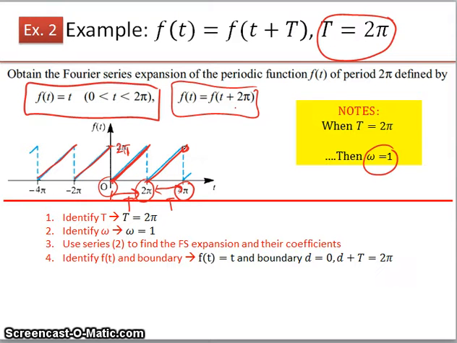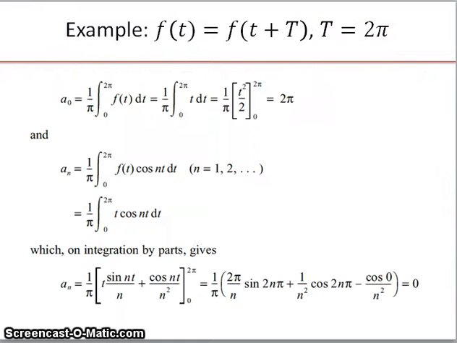But if we want to obtain the Fourier series expansion, first identify the period T equals 2 pi, omega equals 1, then use series 2 because we know that the period is 2 pi, and after that identify the f(t) and the boundary. In this case, f(t) is t and the boundary is from 0 to 2 pi, from this equation. Next, we can find the value of a naught here.